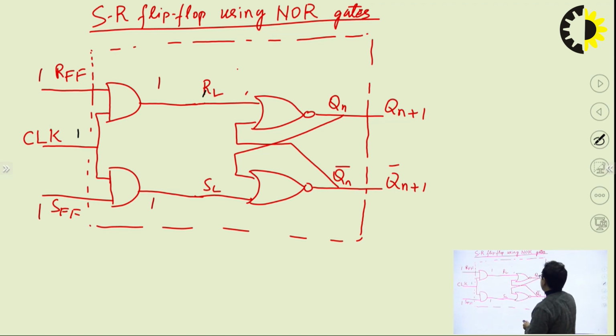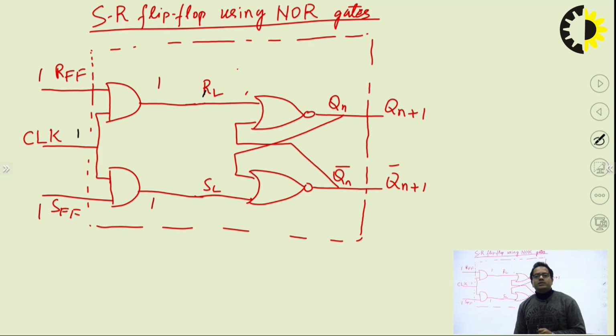So that is an invalid state, because your latch gets confused whether it has to reset the value or set the value, because at the same time it is getting the input as 1 1 on the reset terminal and on the set terminal. As per the values it should reset its value, and as per the values it should also set its value. So it will get confused whether I have to produce a 0 output or a 1 output.